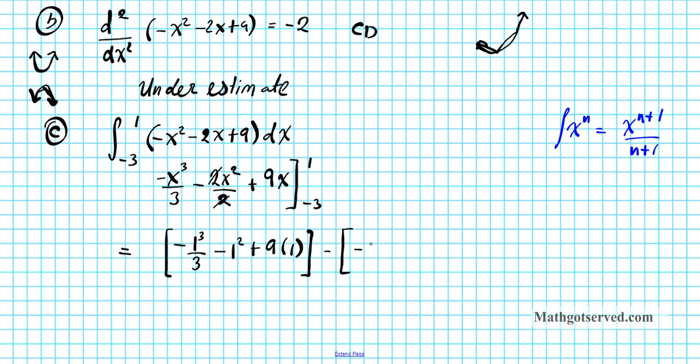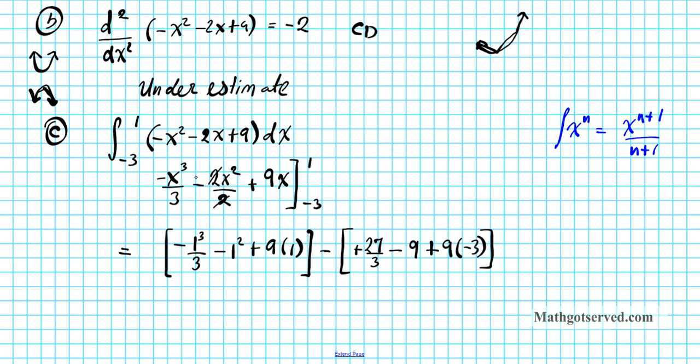Negative 3 to the third is negative 27, so negative 27 over 3 is negative 9, minus 3 squared is minus 9, and then plus 9 times negative 3, which is negative 27. Let me just show you the steps. So that's how you have it.